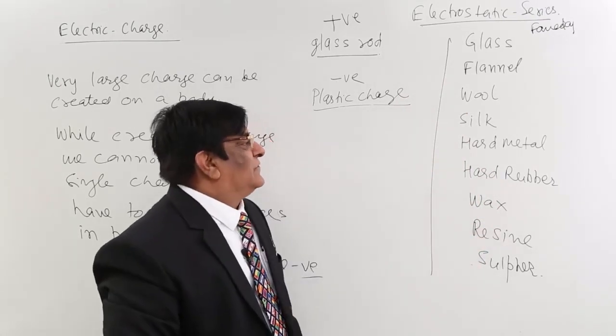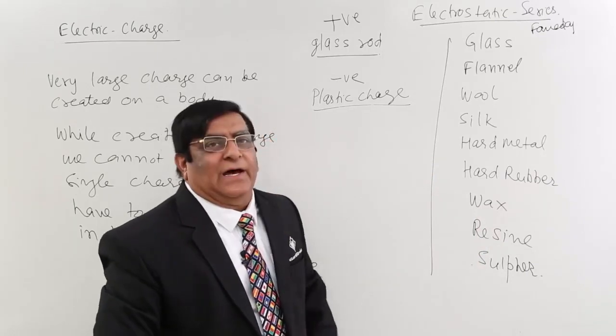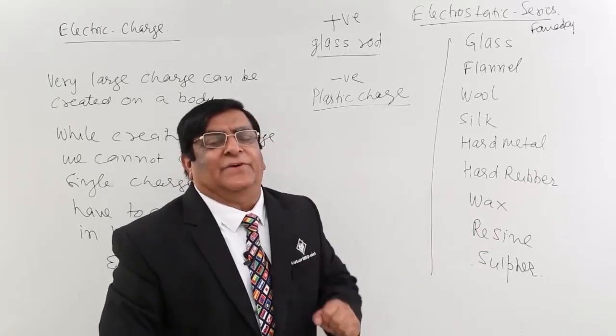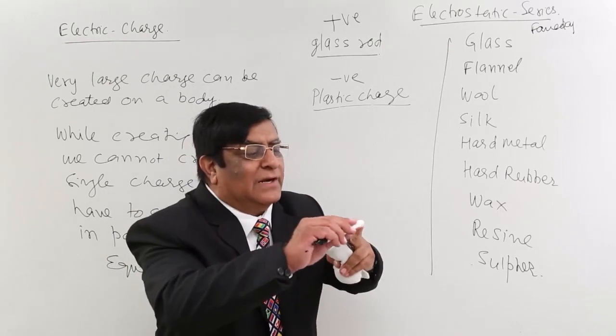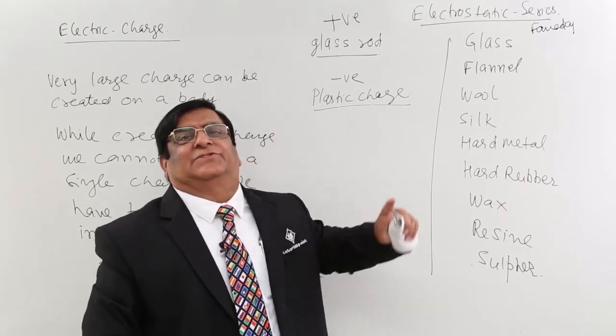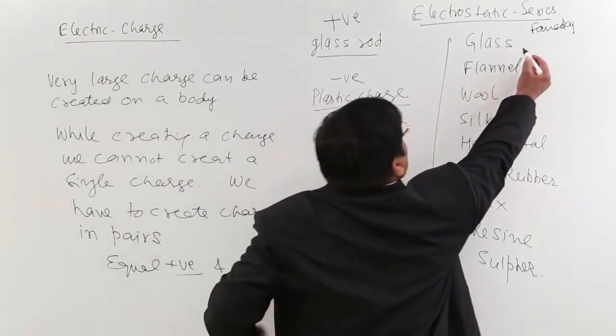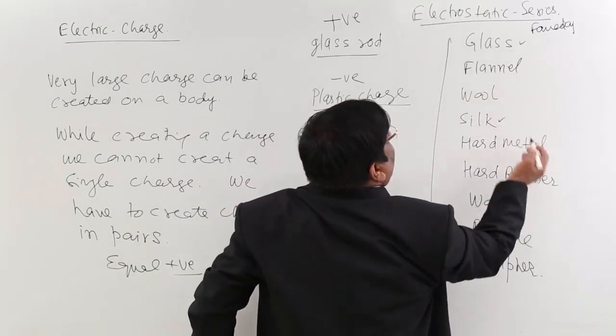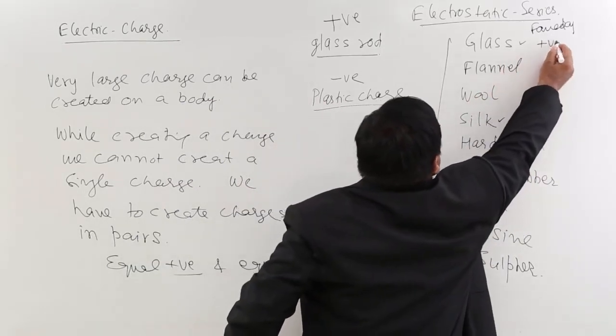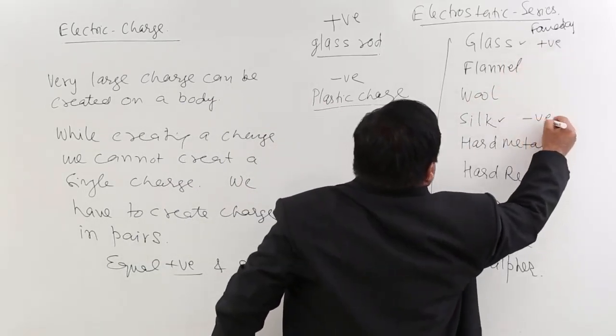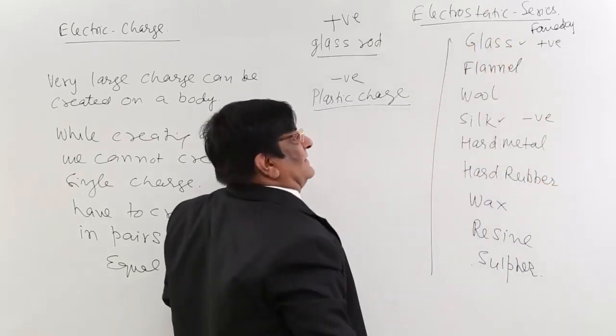Like if I ask you that I have a silk hanky, and with that silk I am rubbing glass, then what is the charge on silk? You see here glass and silk. Glass will get positive and silk will get negative charge, since glass is higher on the series.